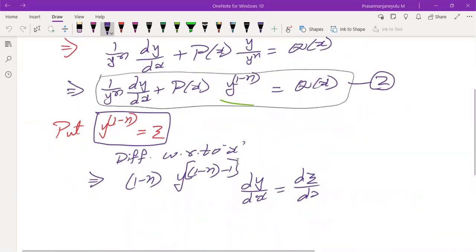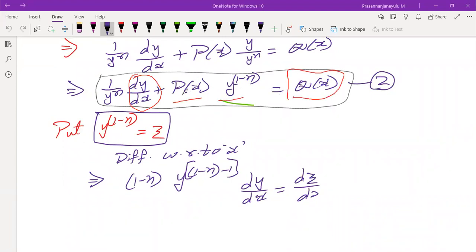Now, what is the general form of a linear differential equation? dy by dx plus p of x into y is equal to q of x. All the things are like that only, but here it is 1 by y power n.